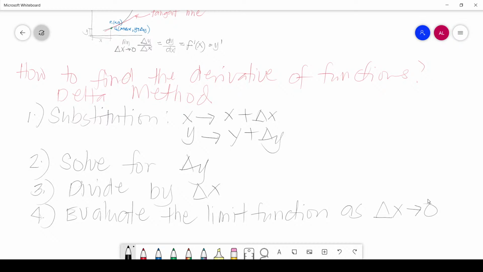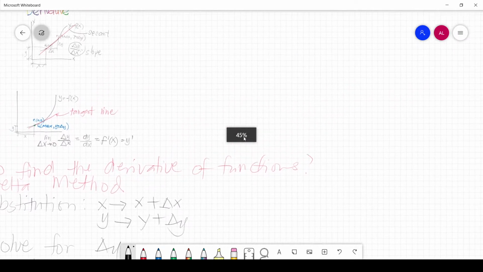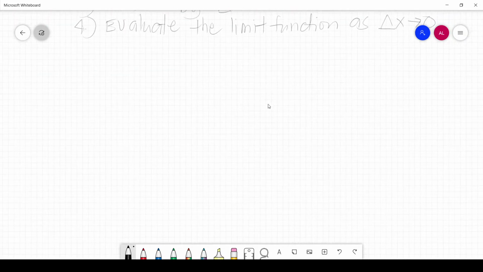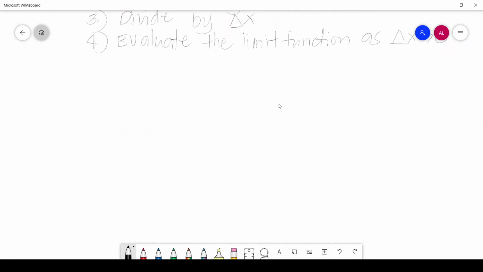So if you notice, we just follow our previous discussion on limits, right? So in here, we applied the discussion on limits. So let's proceed with our example.